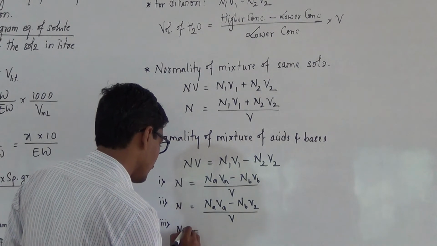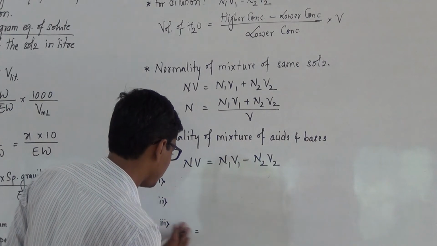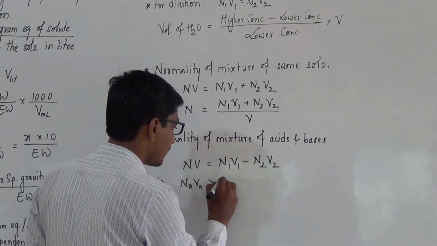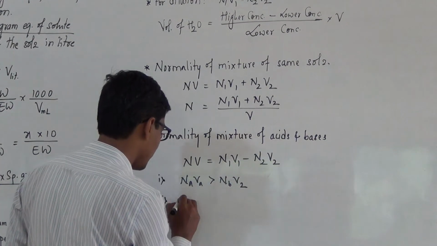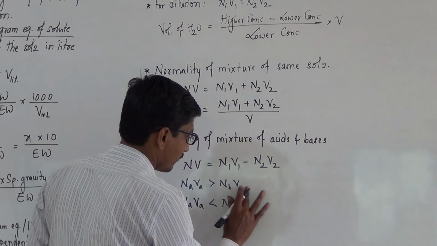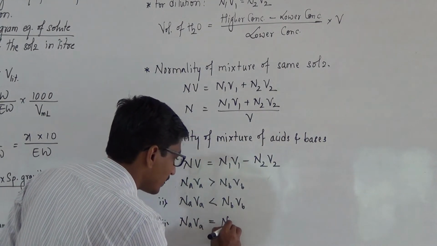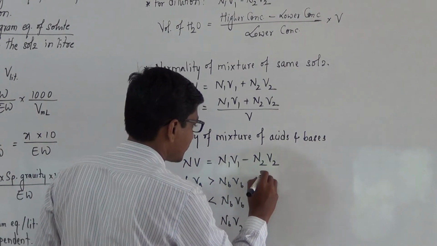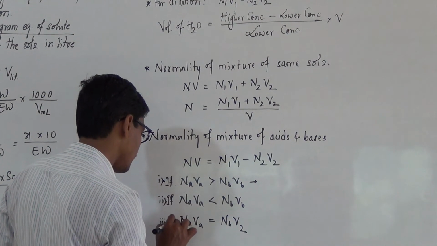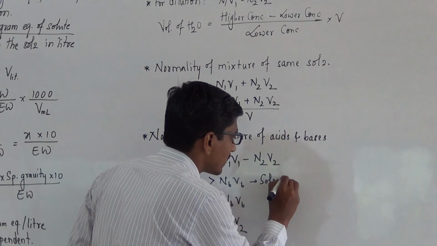The three cases are: NaVa is greater than NbVb, NaVa is less than NbVb, and NaVa is equal to NbVb. In this case, if NaVa is greater than NbVb, the solution is acidic in nature.